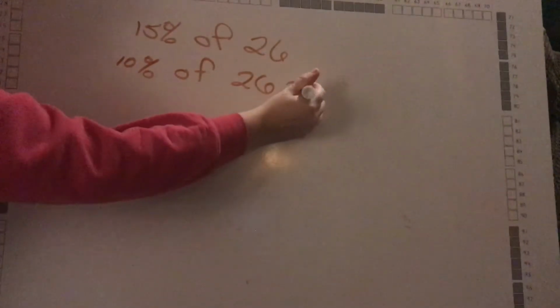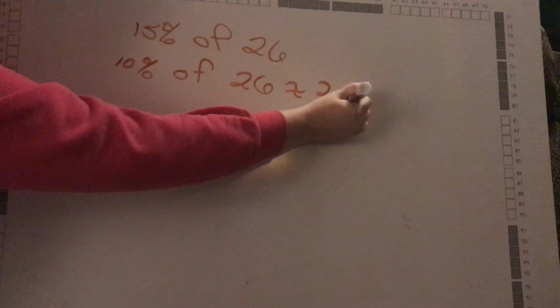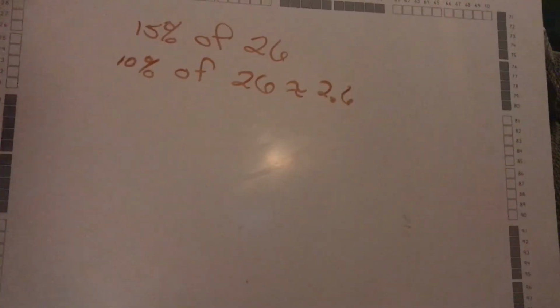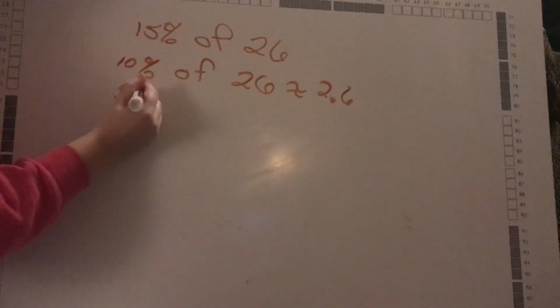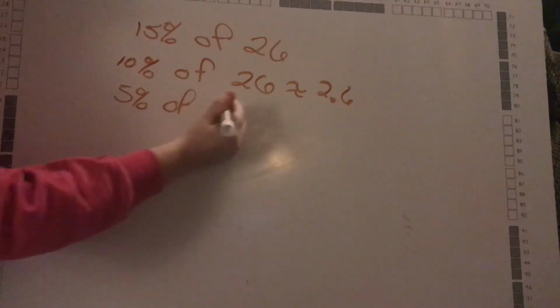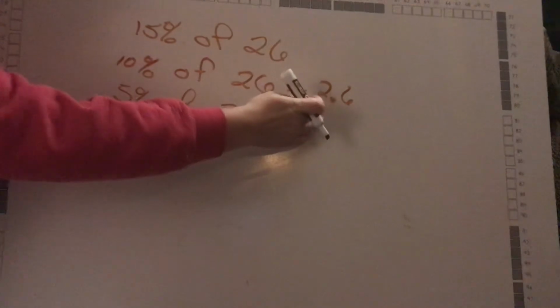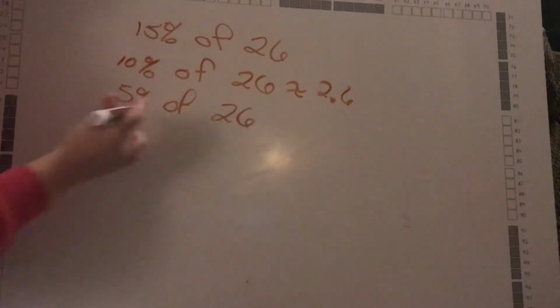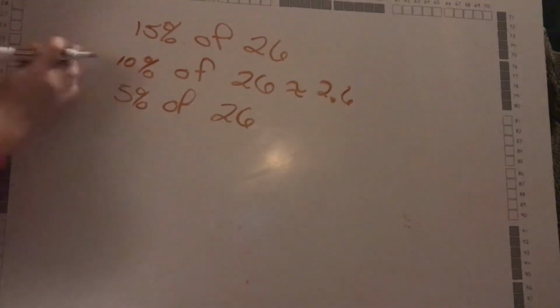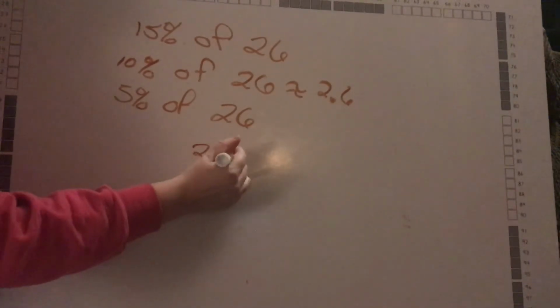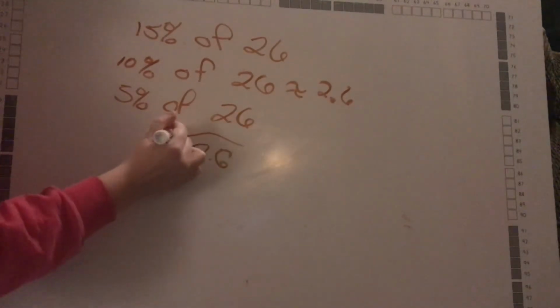is about 2.6. Okay? And then 5% of 26 is what? Well, it's going to be this divided by 2, right? Because 5% is half of 10%. So 2.6 divided by 2.